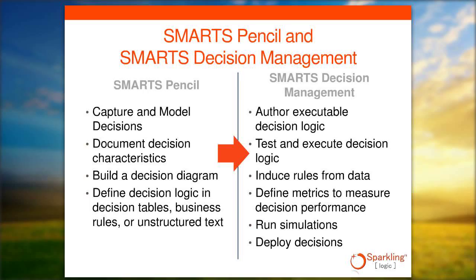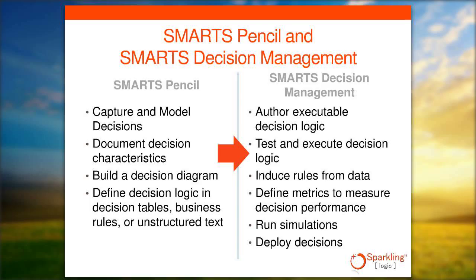So after you've captured a certain representative amount of your decision logic, you might want to move into Smart's decision management product. And in Smarts, what you can do then is move your project from Pencil into Smarts, begin to actually refine those rules into executable rules, introduce data into the environment so you can test and execute that decision logic. You can also, if some of your rules are based on some type of uncertainty in the form of risk or assessing opportunities like marketing type decisions, you may want to use predictive analytics to induce some rules from your data.